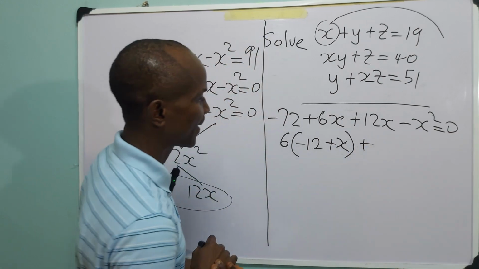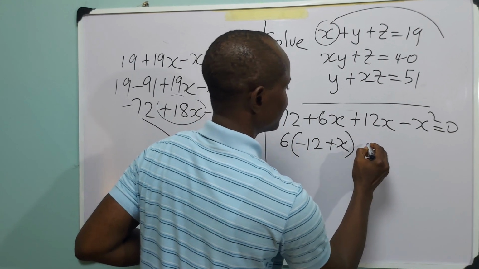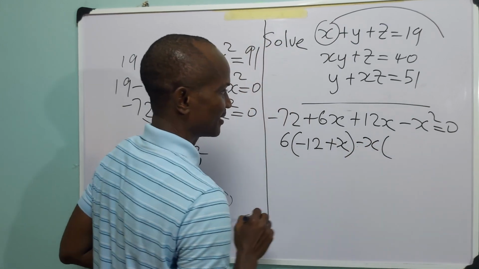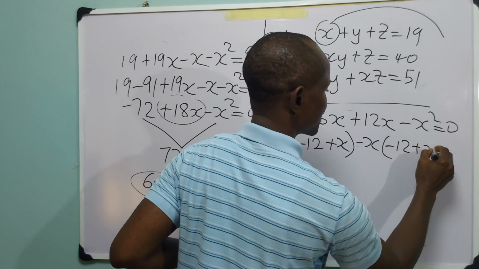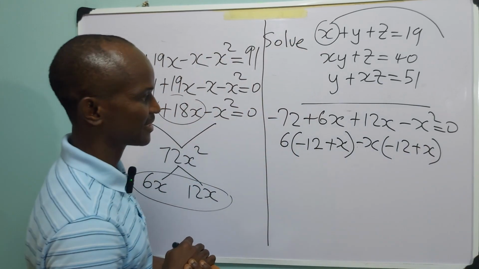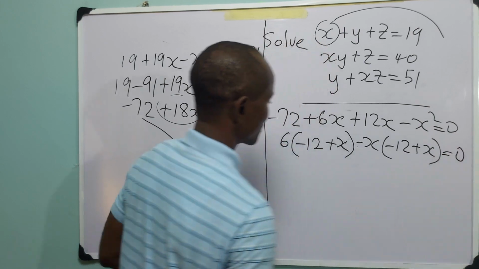And here, minus x can divide to give us minus 12 plus x, is equal to 0, of course.